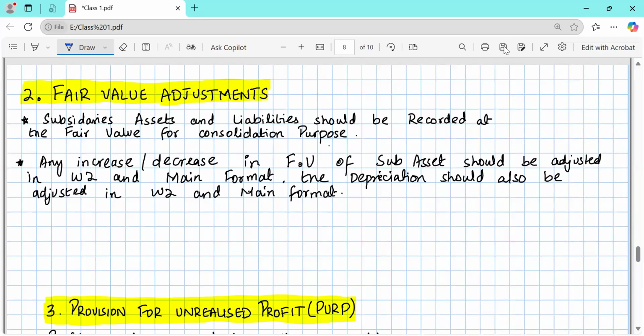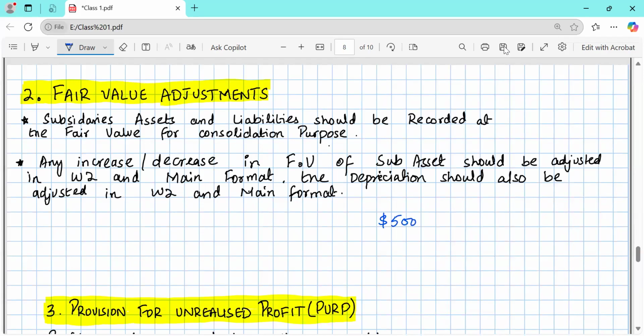So fair value adjustment means that when you acquire the subsidiary company, upon the acquisition, their assets and liabilities should be recorded at market value. Let me give you an example. Let's say the subsidiary company had a machine, and in their financial statements, the machine was recorded at 500.